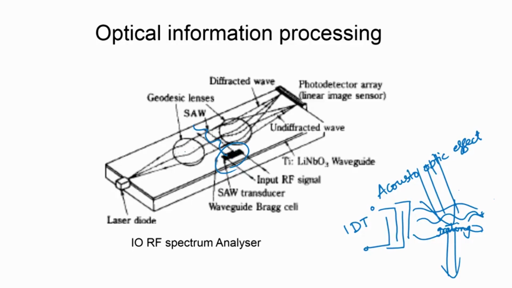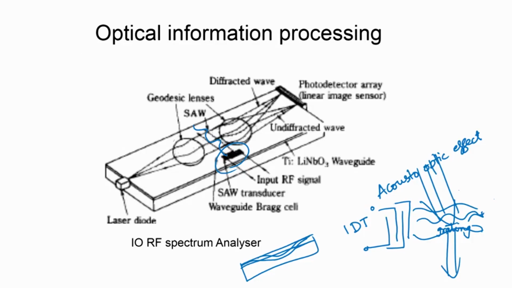These are the lenses called geodesic lenses. You can take a slab waveguide and, by proper stress impression, create lenses like this. We have not discussed lenses in this course, but you can expect them to behave like a conventional lens. These lenses have the same properties, like focal length, and like conventional lenses you can use them to focus the beam, for beam shaping and so forth.